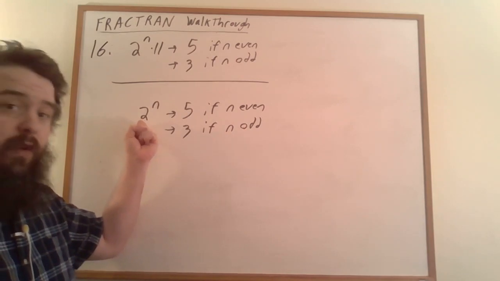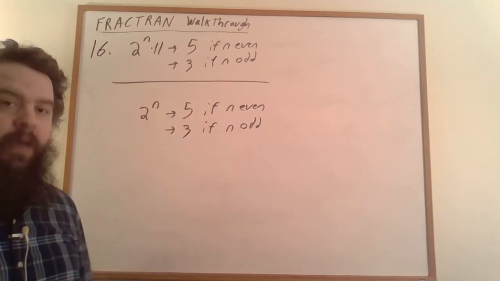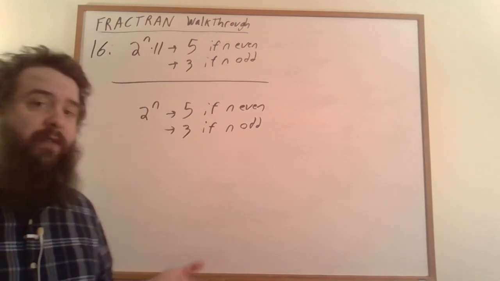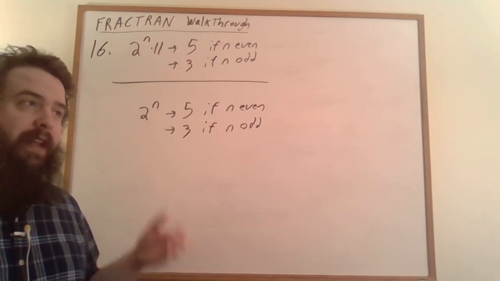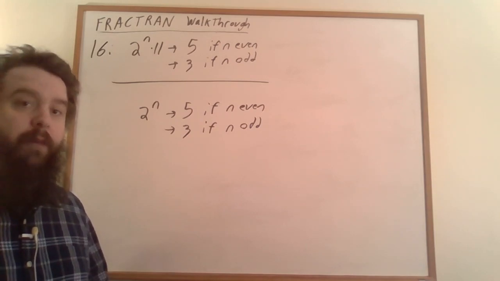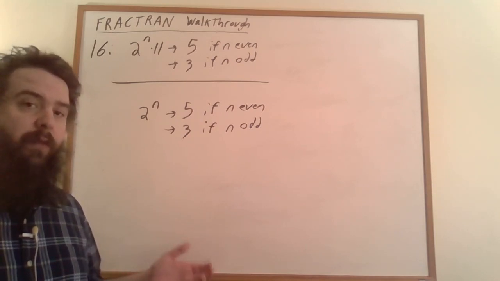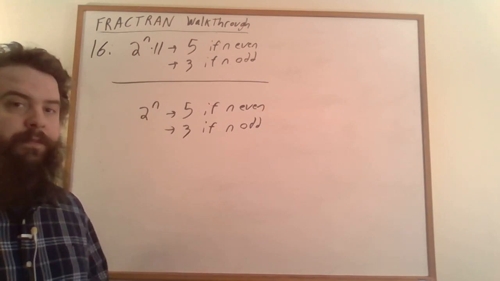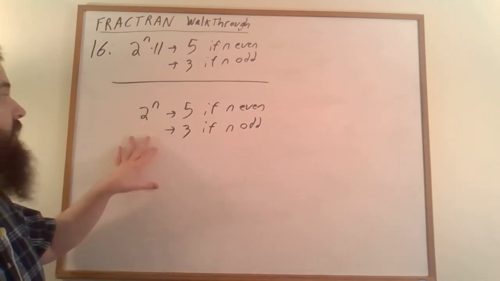We would like to turn 1 into 5. And of course, in order to turn 1 into anything else, we need to have a fraction in our program that has a denominator of 1. But if we have a fraction in our program with denominator 1, then our program is never going to be able to halt. So it's impossible to write a program to do this task.